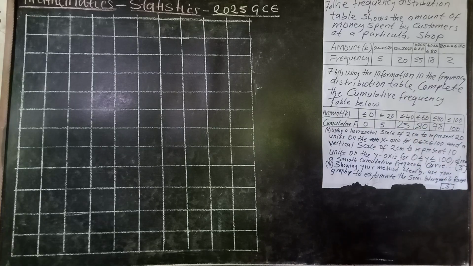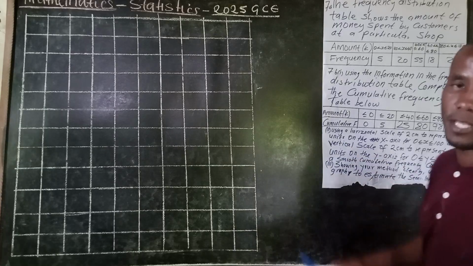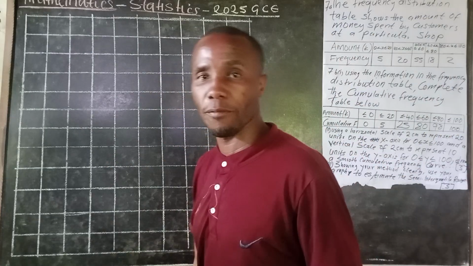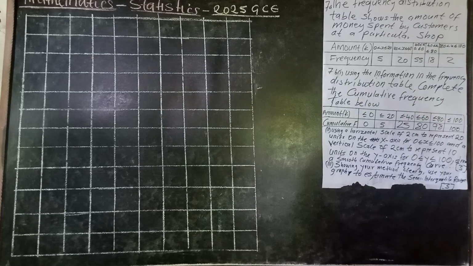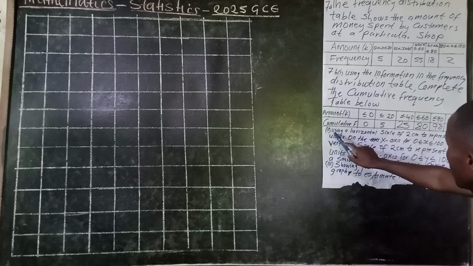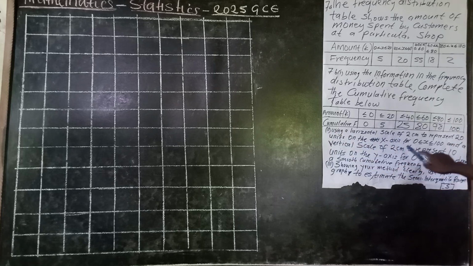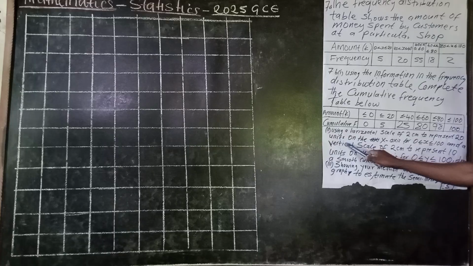Then from there, we can go to the next question where we are going to use the graph that has been made available to us. The question reads, using a horizontal scale of 2 centimeters to represent 20 units on the x-axis for 0 less than or equal to x less than or equal to 100.